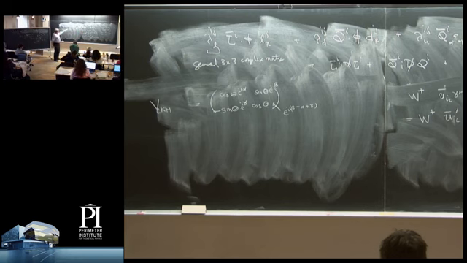Okay, so this is the most general form of the CKM matrix that could appear in the weak interaction Lagrangian for 2 generations.